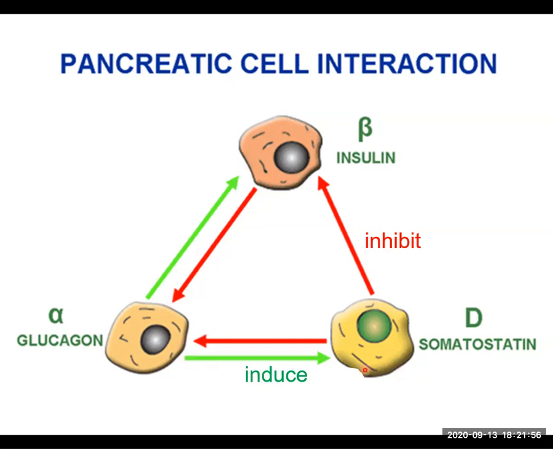Glucagon will increase the blood glucose level, and when the blood glucose level increases, the beta cell will detect it, so that will also stimulate the beta cell to induce insulin. At the same time, glucagon will also activate somatostatin to inhibit it, kind of like a negative feedback, in order to prevent overproduction of glucagon. The delta cell produces somatostatin to inhibit both alpha and beta cells.